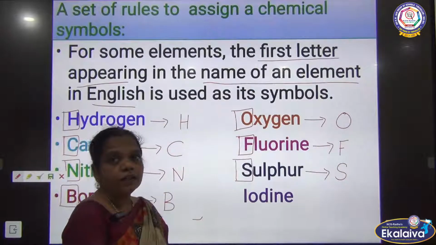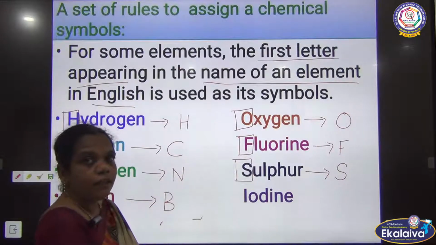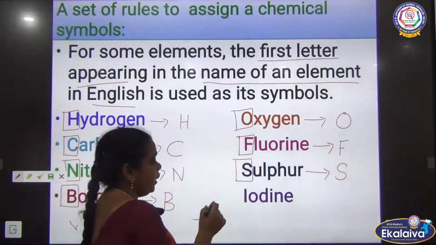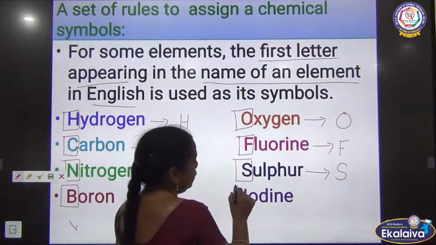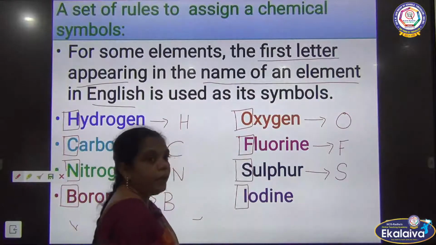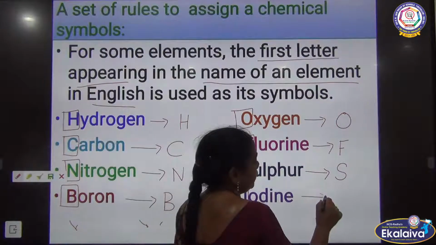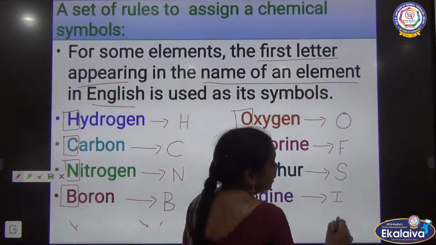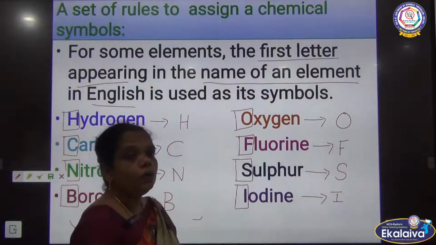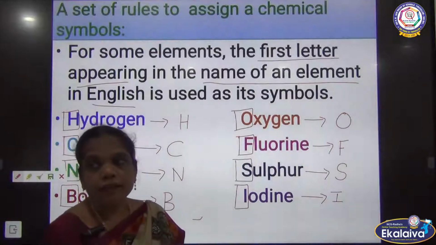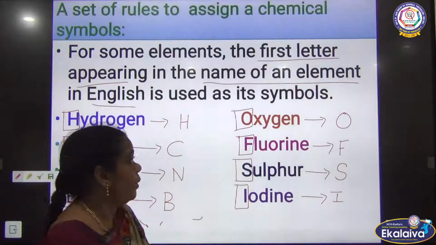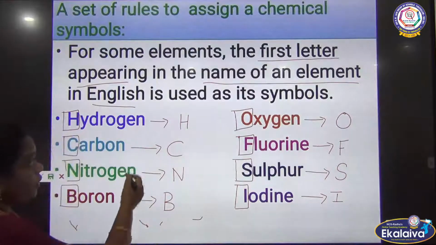Look at the screen and tell me. Iodine. The first letter of iodine is I. Like that, we set the rule to assign the chemical symbol for the elements. Now how are we going to assign the others?